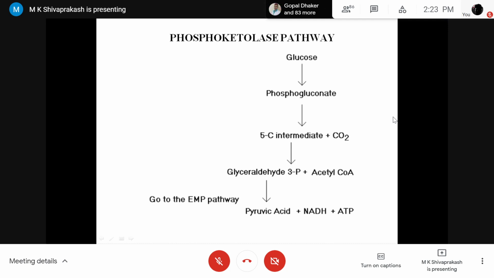At some part of the pathway, the intermediates are passed through the EMP pathway to produce pyruvic acid, NADH and ATP.